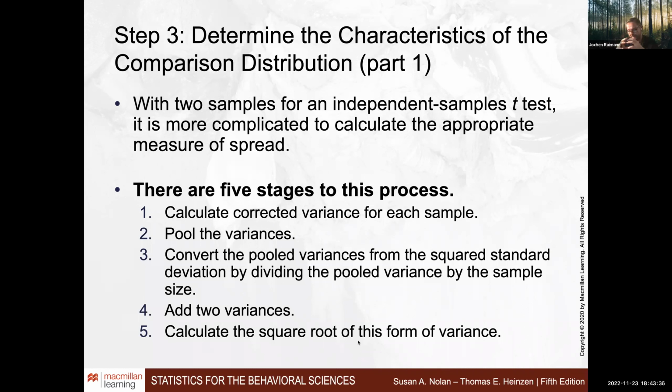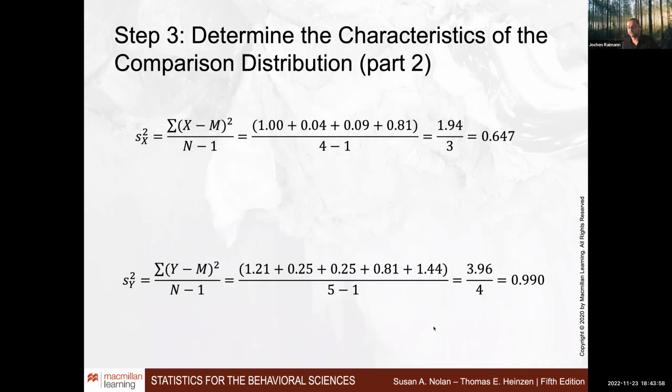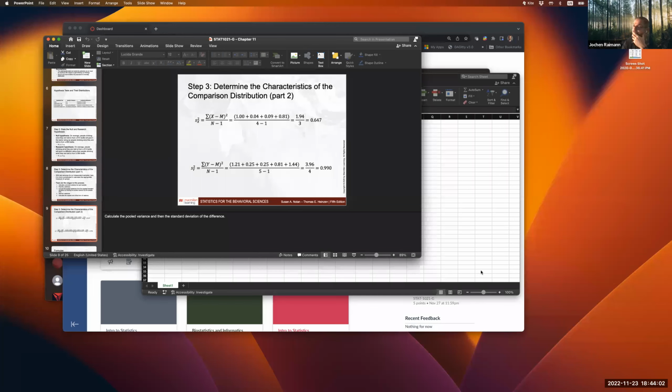We need to amalgamate all this information to get to the square root, or standard deviation, or standard error of the mean of these differences, which allows us to estimate the variability in the estimate of the difference, or the distribution of the difference. This is a little bit more tricky, but let's do this with an example.